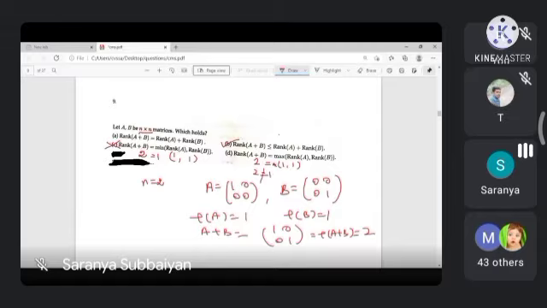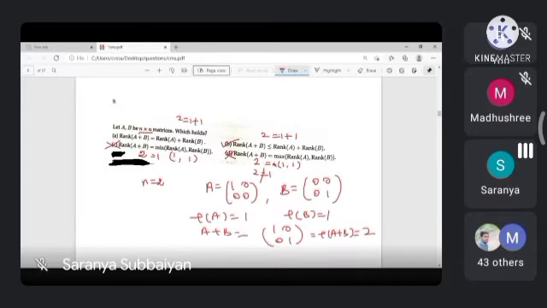Is 2 equal to 1? No. So you can check only these two options, right? So rank equality is correct, right? 2 is equal to 1 plus 1. Here also 2 is equal to 1 plus 1, right?